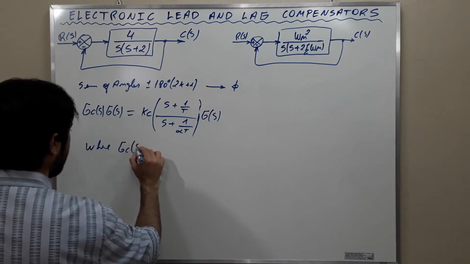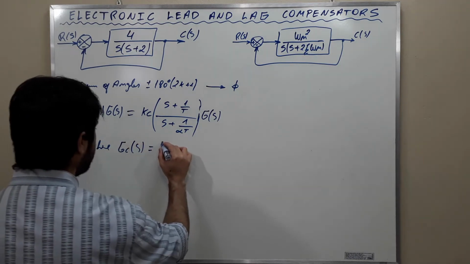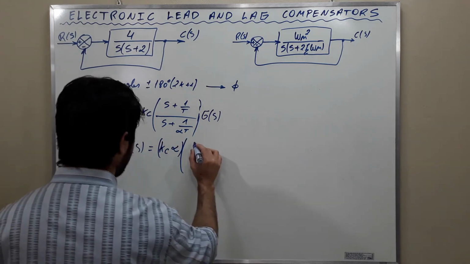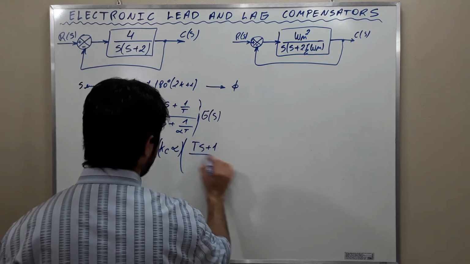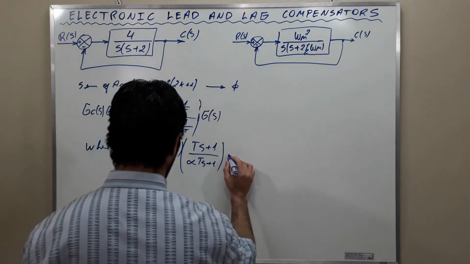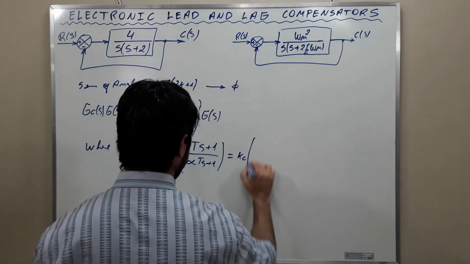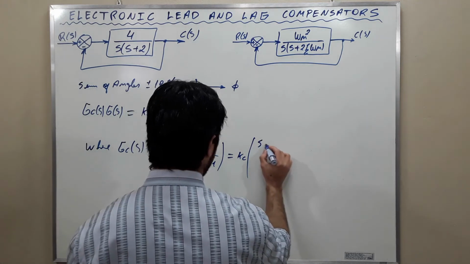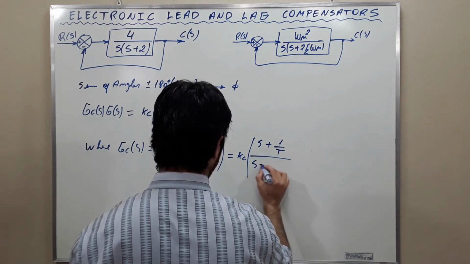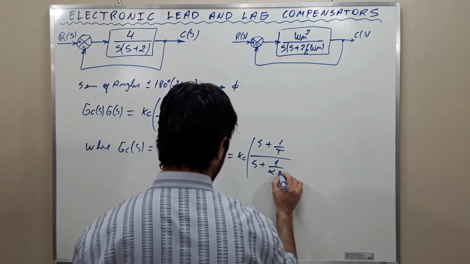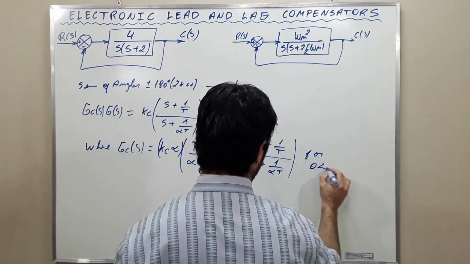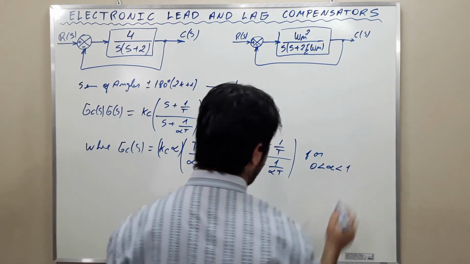where GC of S is equal to Kc times alpha Ts plus 1 over alpha Ts plus 1, which is also equal to Kc times S plus 1 over T over S plus 1 over alpha T, for alpha between 0 and 1.